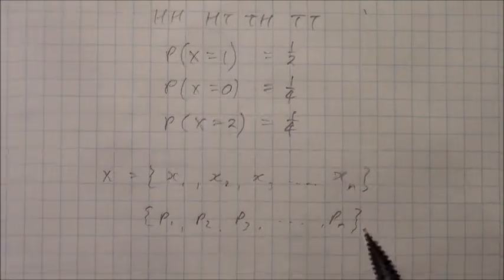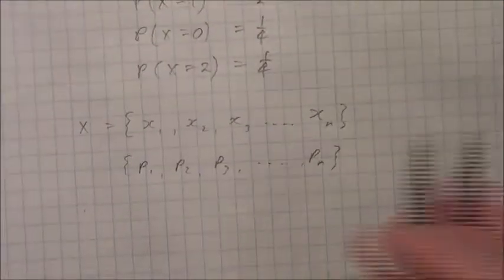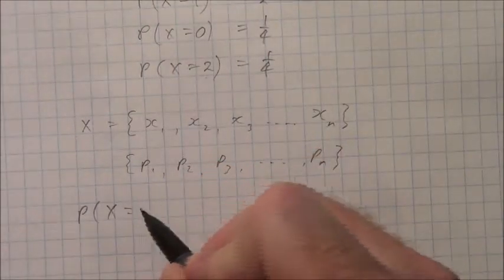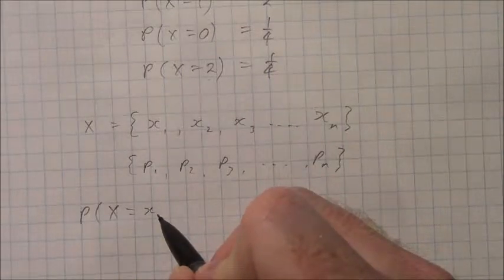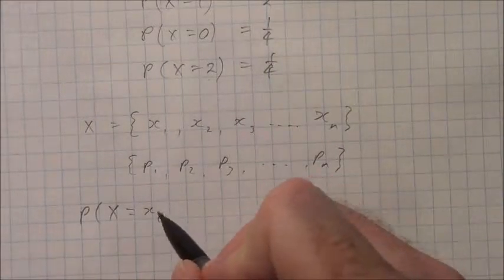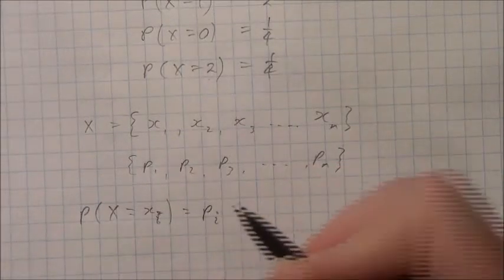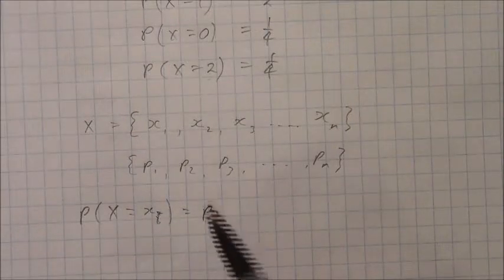So then, to tie these two things together, the probability of the discrete random variable when it equals outcome x sub i equals p sub i. So the probability of this occurring is this value.